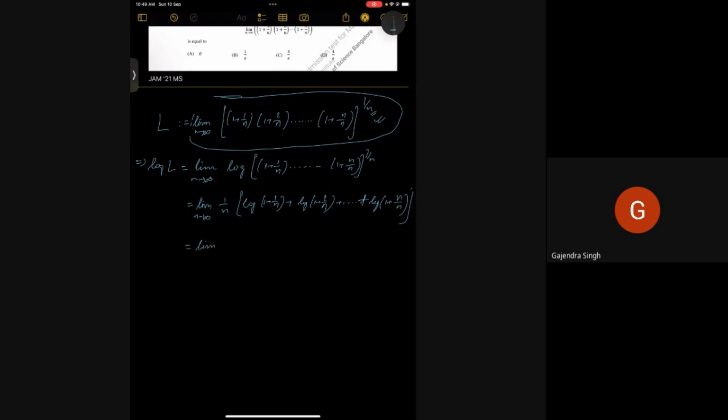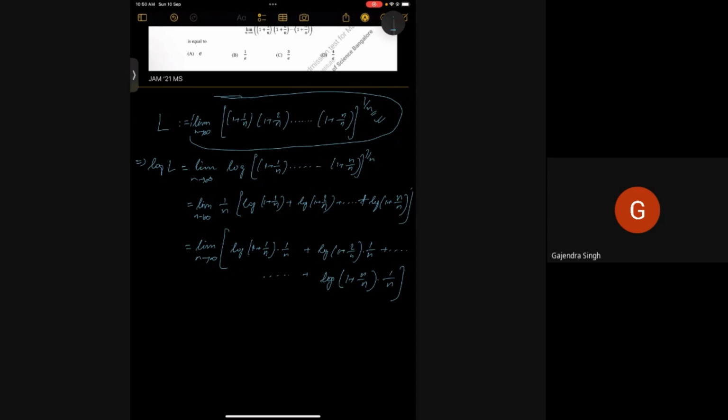And this is the limit as n goes to infinity of log of 1 plus 1 by n into 1 by n, plus log of 1 plus 2 by n into 1 by n, and so on, and log of 1 plus n by n into 1 by n again.